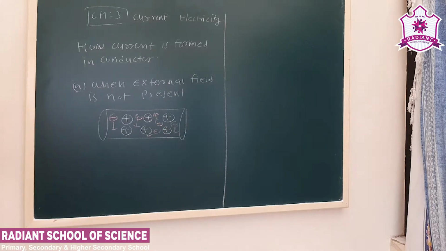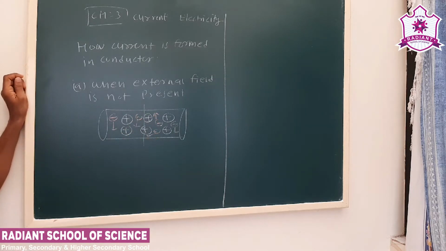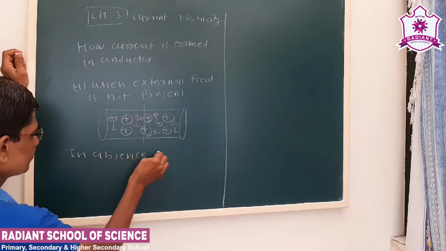Right now, no electric field is present. So, suppose I consider a cross section of a conductor. On an average, there is no unidirectional flow of the charge. So, current is 0.